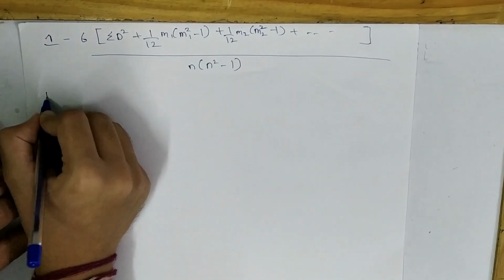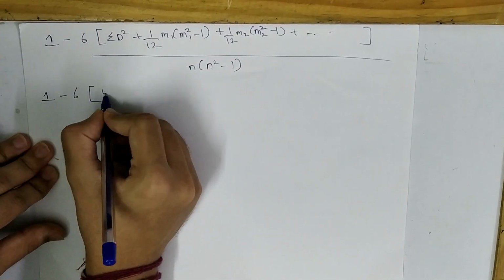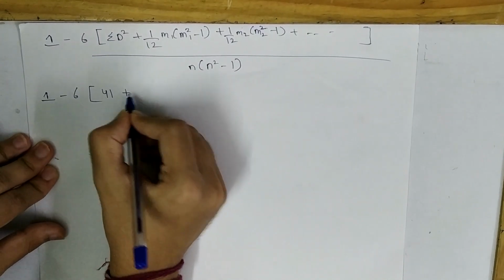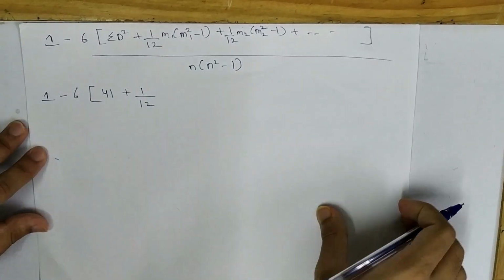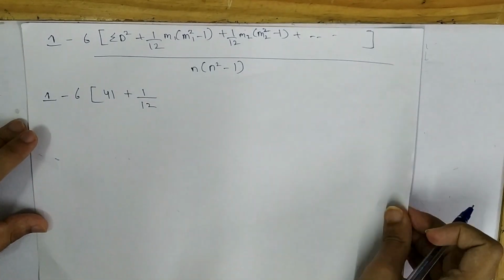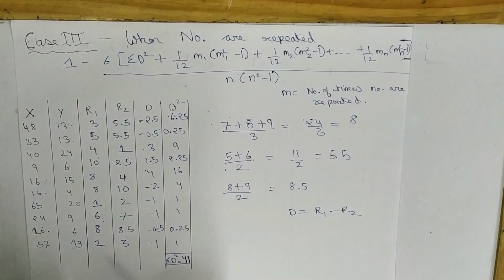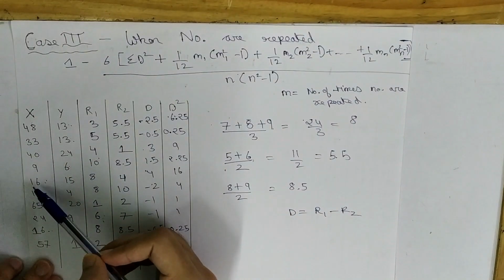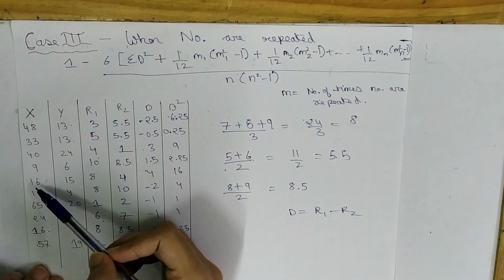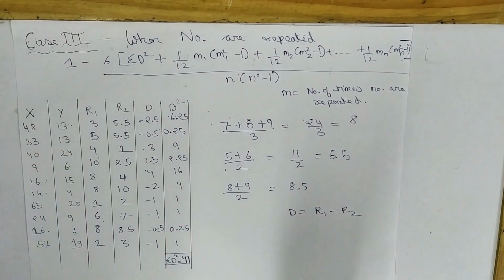Now our sigma d square is 41. Now our m1, see, the first number that is repeated is 16, and it is repeated how many times? It is repeated 3 times, 16, 16 and 16.